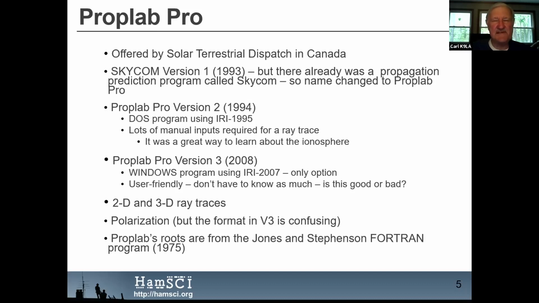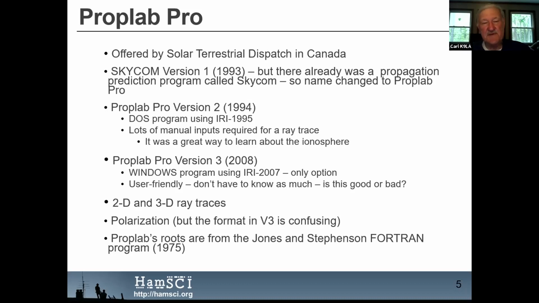I'd probably say it's more user-friendly than FARLAP, but the ability to put in different ionosphere models can be very useful at times. Since it's so user-friendly, you don't have to know as much, and I don't know if that's good or bad. I can think of both good and bad reasons there.